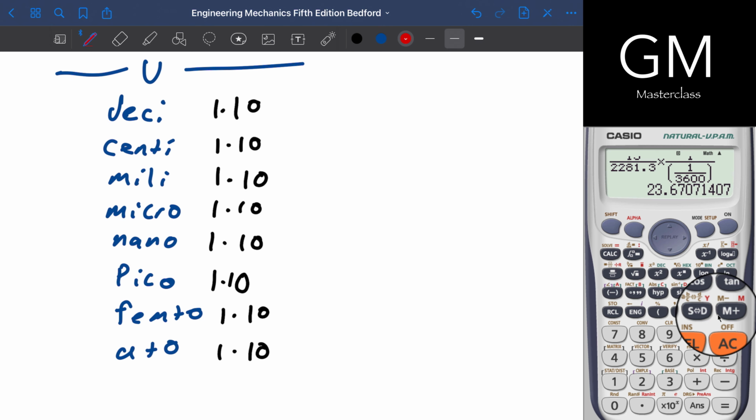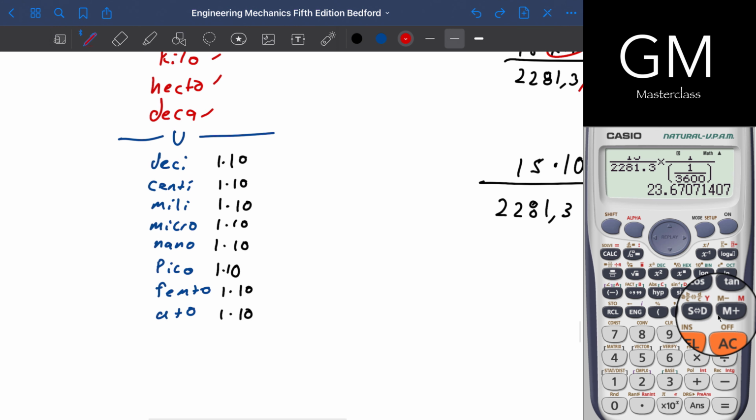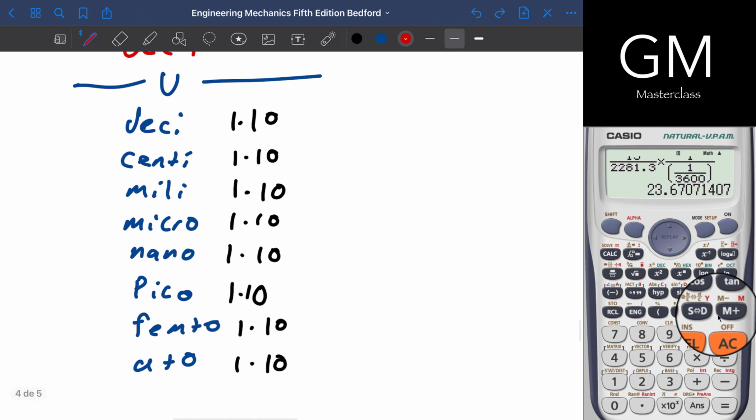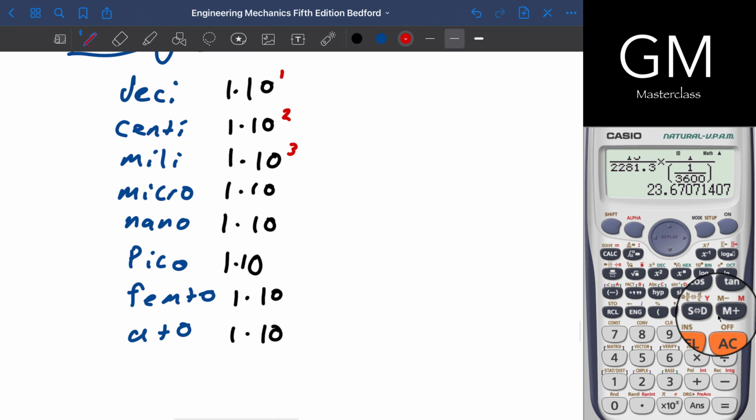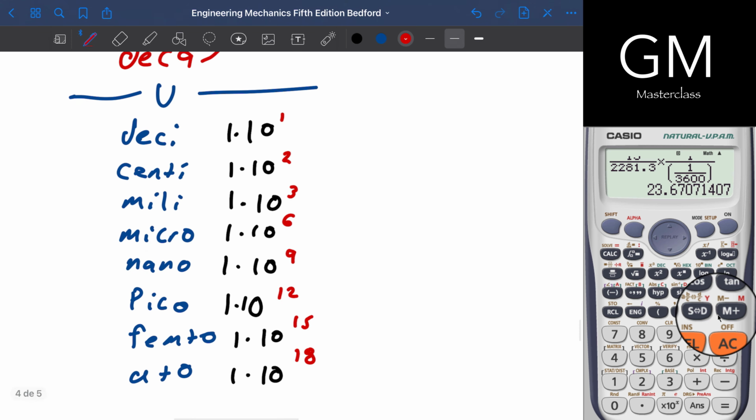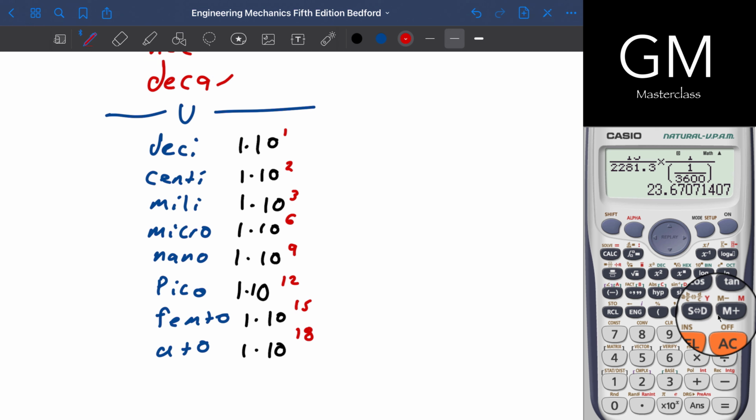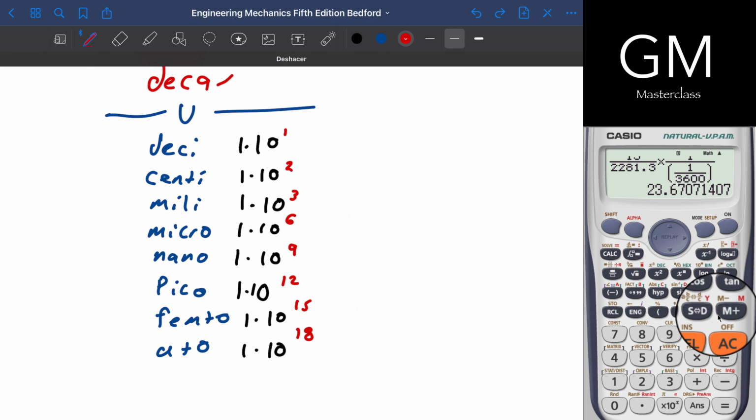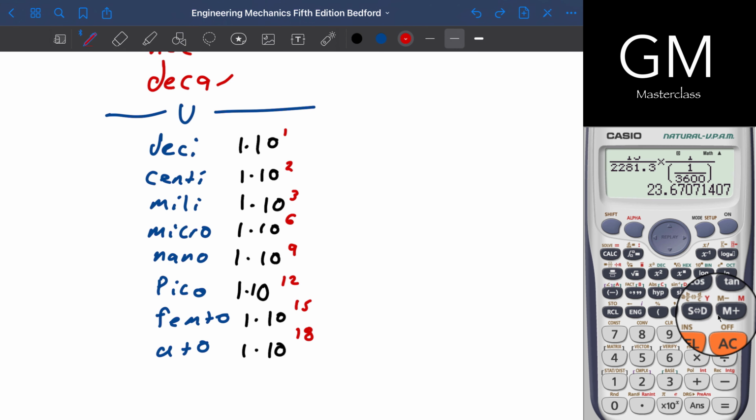So the number of the power is pretty easy once you have the chart, because it is just 1, 2, and 3, and then I'm going to add 3 by 3 into this number. So 6, 9, 12, 15, 18. But because we have the prefixes at the below part of the chart, then those powers are going to be negative.